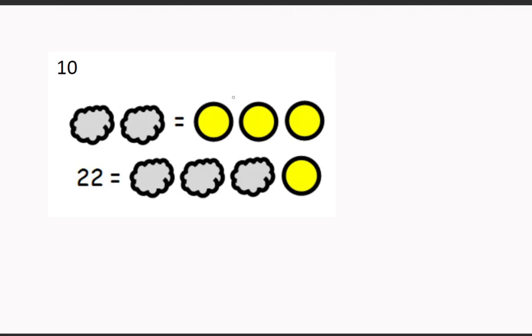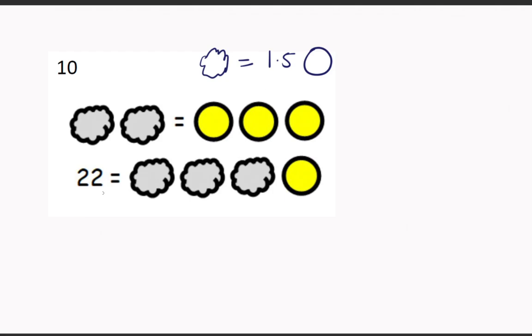Okay, now we can use a similar method here, slightly more complicated, because 2 clouds is worth the same as 3 circles. So probably a good idea would be to think about what is 1 cloud worth. Well, if 2 clouds are worth 3 circles, then each cloud must be 1.5 circles, mustn't it?